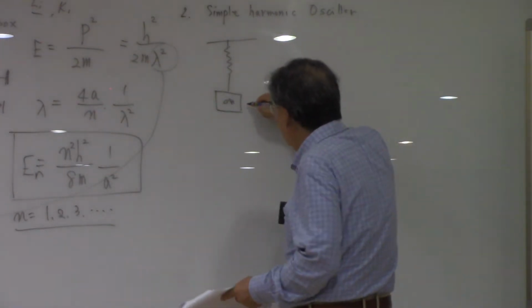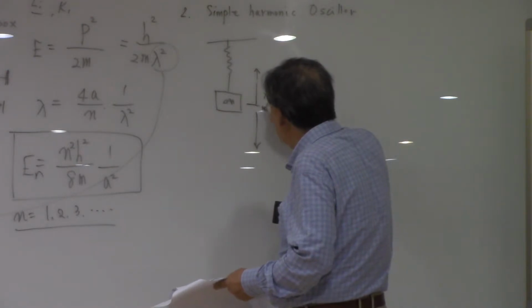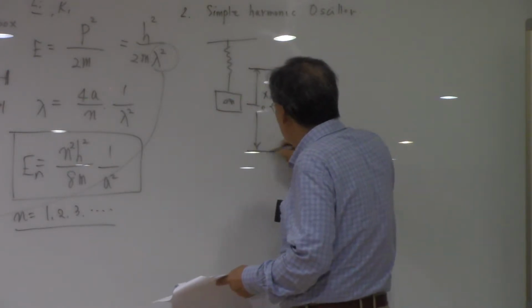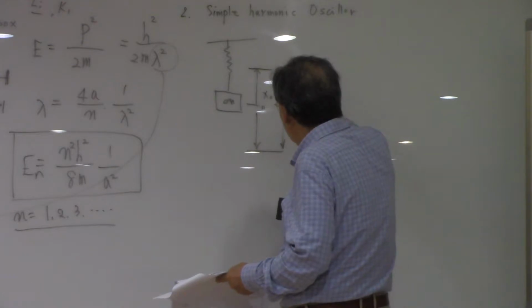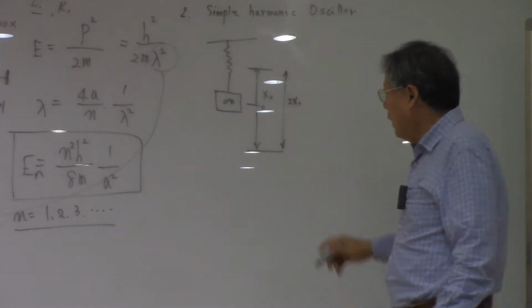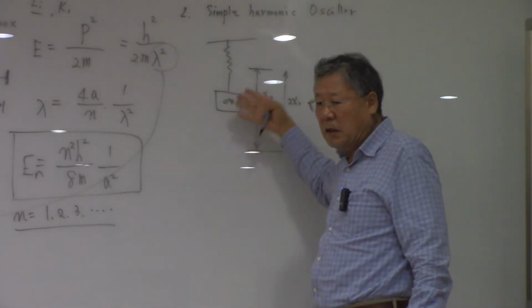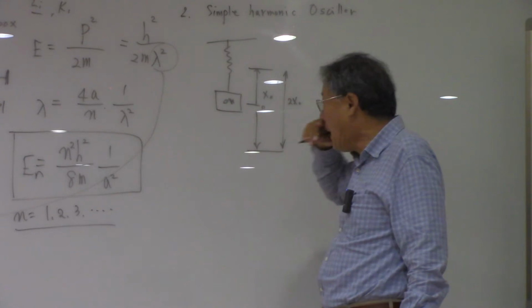And then it oscillates in between x naught and 0, so that the total length is going to be 2x naught. Then we want to find out what is the energy state of this oscillator, okay?